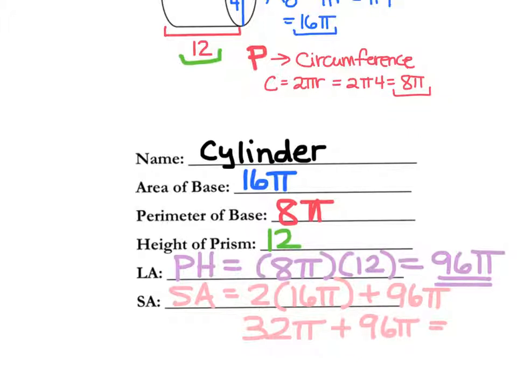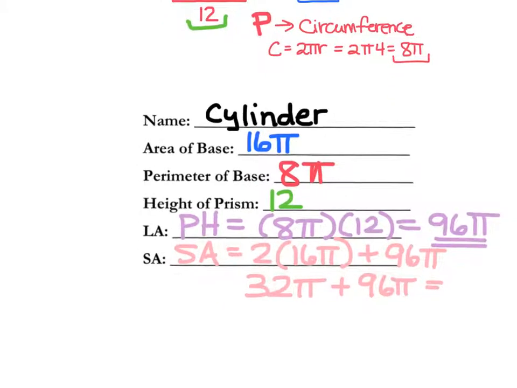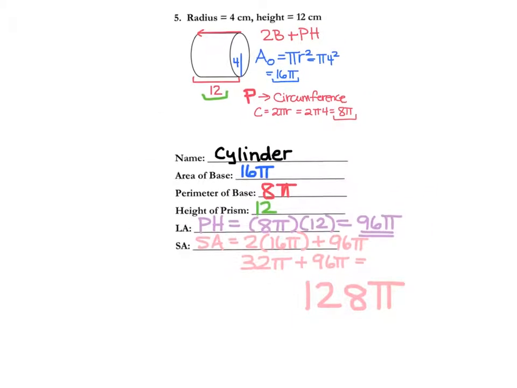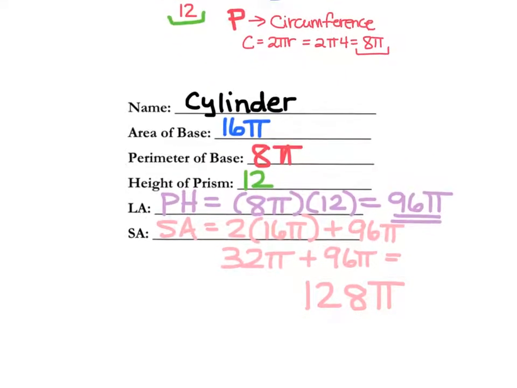Guys, the pi's are like terms, okay? So just combining these is just like combining like terms, right? So 32 plus 96 is 128, and then we still have our pi. Okay, and the units for this, centimeters. So centimeters squared. There's our answer.